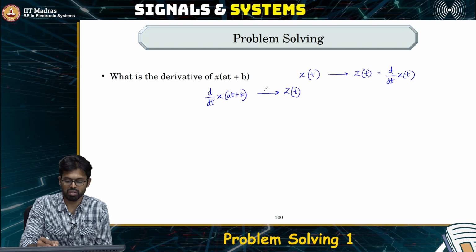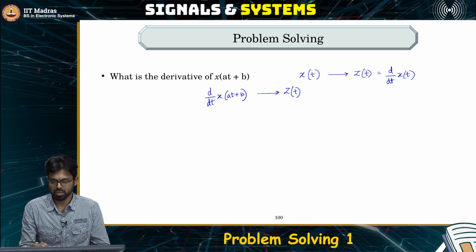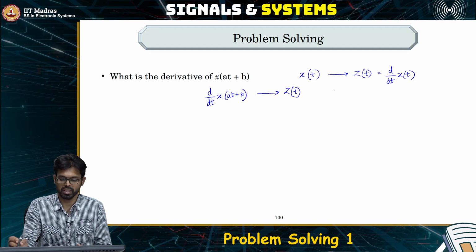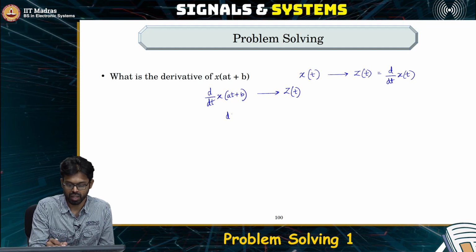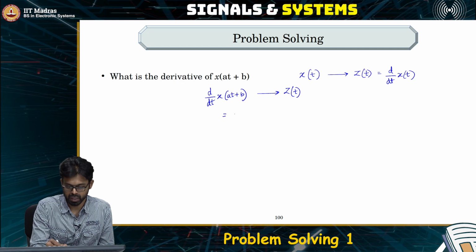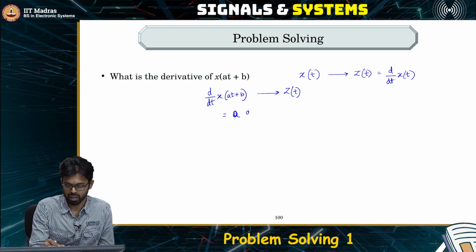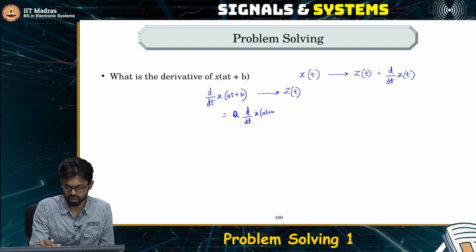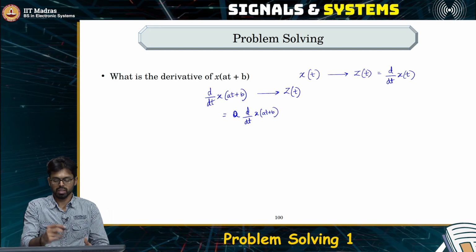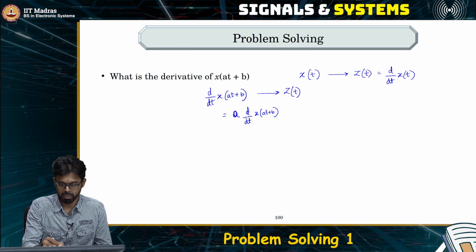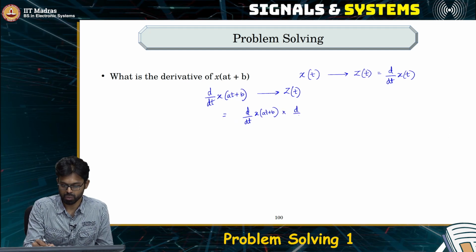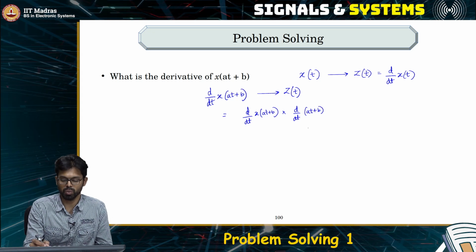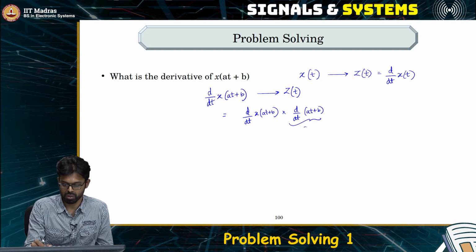It directly falls from our high school calculus. All you have to do is just say that if the derivative of x of t is z of t, then the derivative of x of at plus b is nothing but a times derivative of x of at plus b, that is it. Okay. So, basically you have to take derivative of x of at plus b times the derivative of at plus b itself, which is equal to a. So, this part is equal to a.